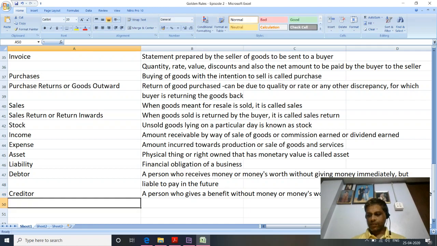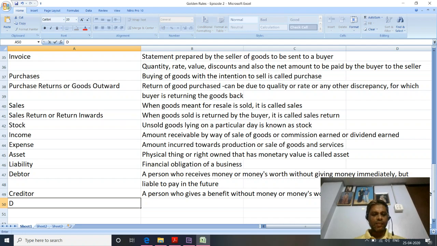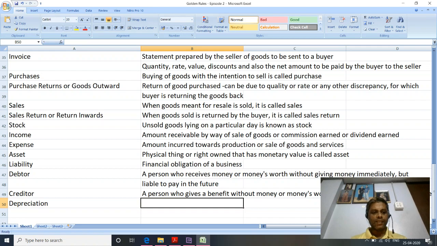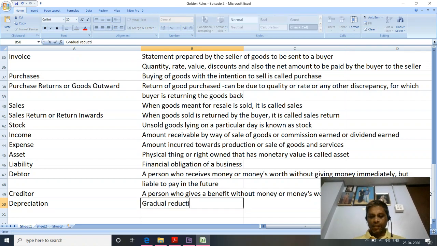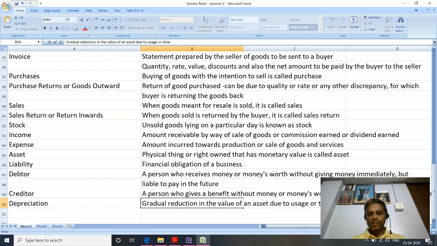So far, that's good. Let's think about the next definition. What is depreciation? Depreciation is nothing but a gradual reduction in the value of an asset due to usage or time.